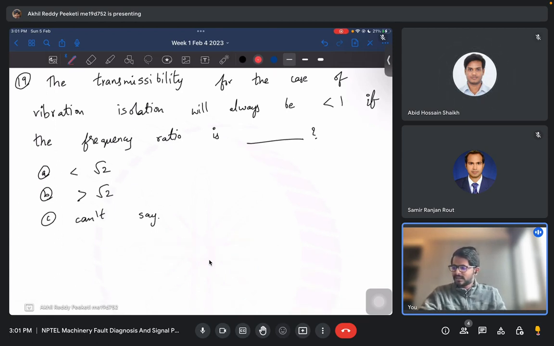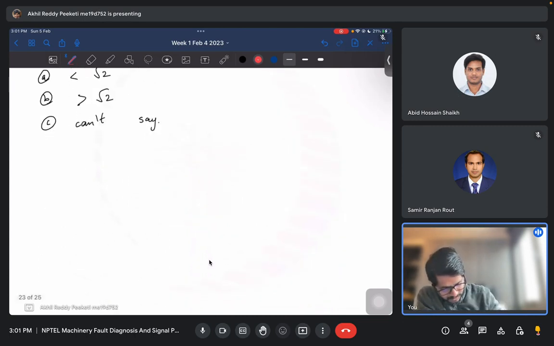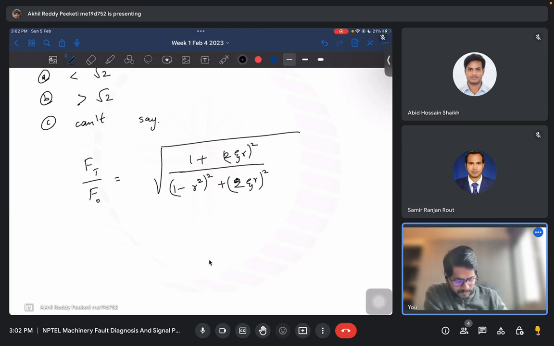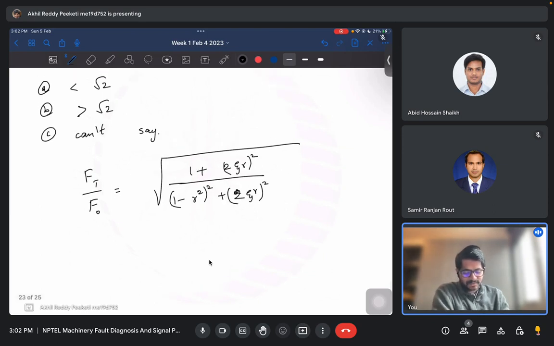So the transmissibility directly as a formula, ft by f0 equals square root of 1 plus 2... So this is the transmissibility.